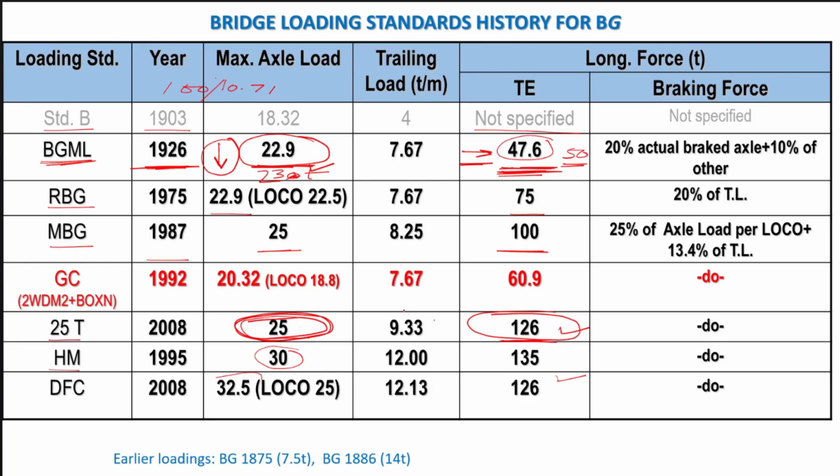Then for 25 ton it will be 9.3. So trailing load means total axle load divided by the total buffer to buffer distance of the maximum wagon. Okay.